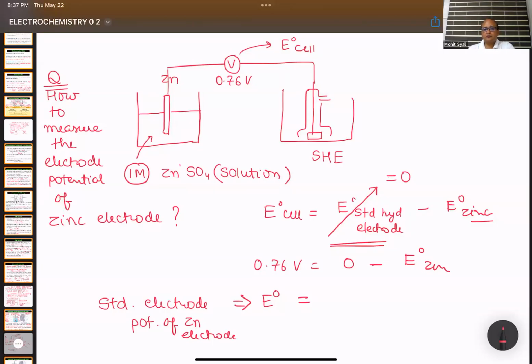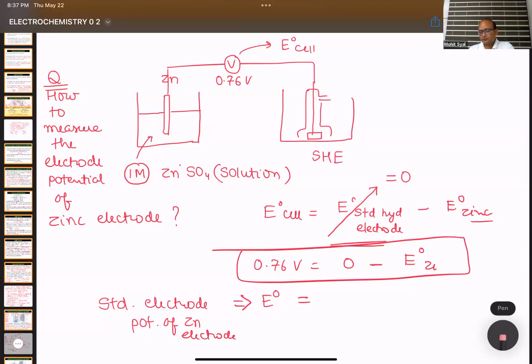Yes, sir. So what is the value? This is zinc. This is a minus sign. The zero you remove. Minus you bring it on this side. Minus 0.76. Exactly.